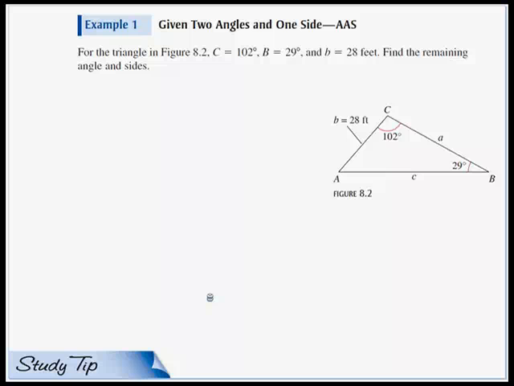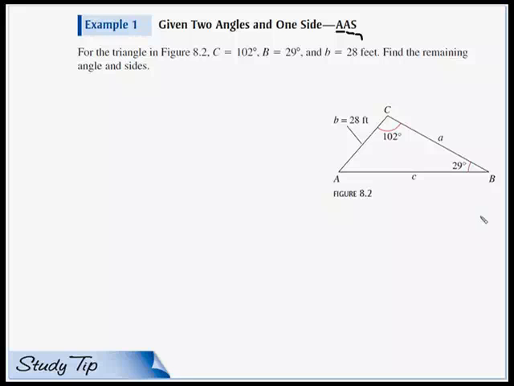And here in example 1, we have two angles and a side, and we are in the format of angle, angle, side. We have angle B, the next angle over is C, and then connected to that is side b: angle, angle, side. We know those three pieces of information, and we are asked to find all remaining sides and angles.